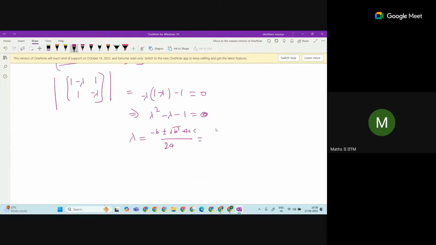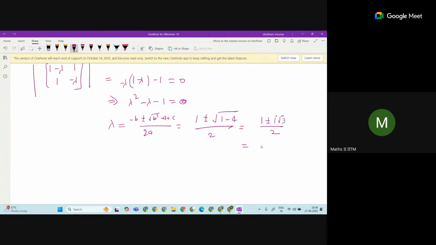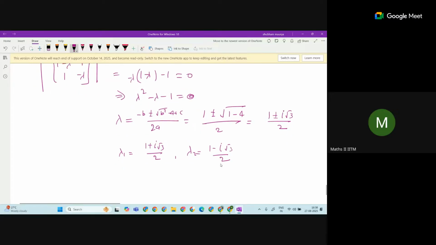So this is going to be (1 ± √(1 − 4)) / 2, that is 1 ± i√3 over 2. In a different way, the first λ₁ is going to be (1 + i√3)/2, and λ₂ is going to be (1 − i√3)/2. These are the roots you got, and these roots are called eigenvalues.